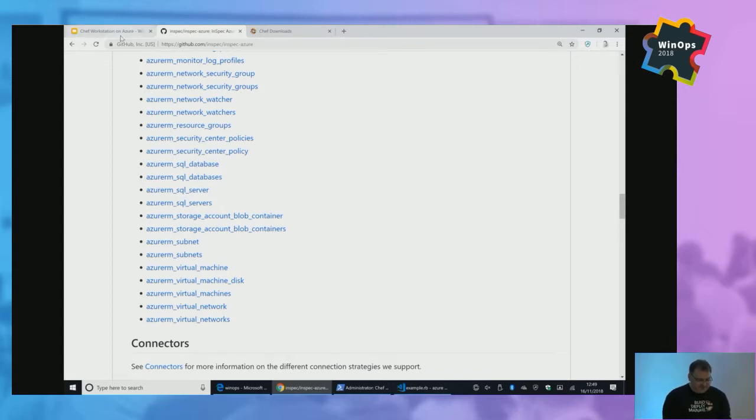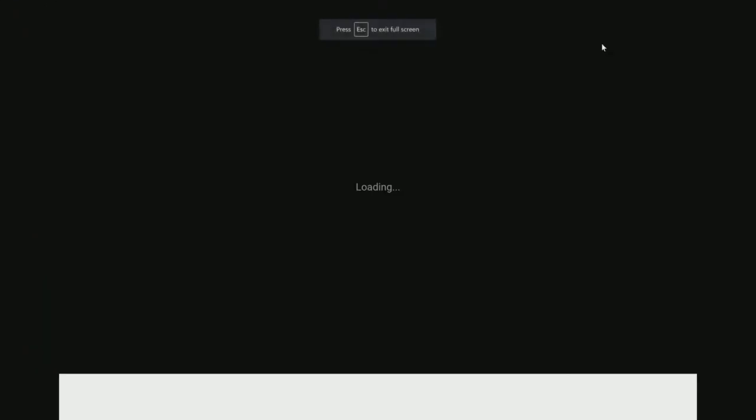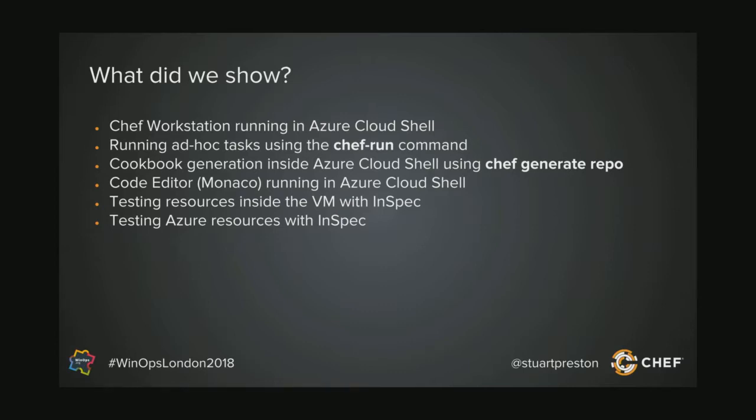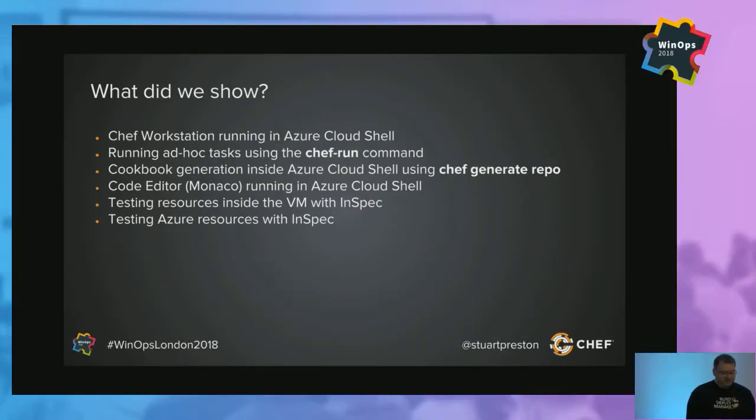All right, I think I've done the thing. So what did we show? We showed Chef Workstation running in Cloud Shell. Hopefully that gave you a glimpse of where we're trying to go with getting started with Chef, and how we expect people to get started and get to the next level with their journey in the future.